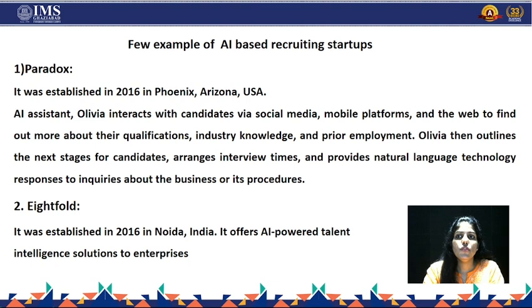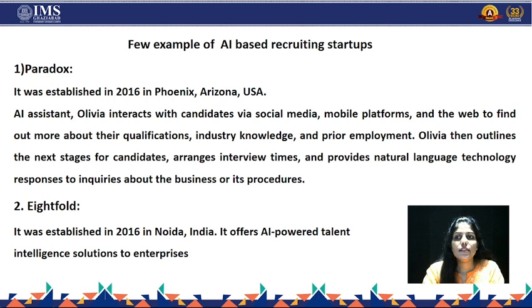Everything about their qualification, industry knowledge, and prior employment is stored in the software. Olivia then outlines the next stage for the candidate, arranges their interviews, provides natural language technology support, and responds immediately to their inquiries when any candidate faces a problem at any stage of the recruitment process. So, I can say it is a recruitment-based startup.